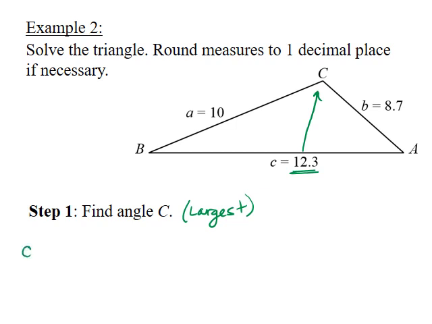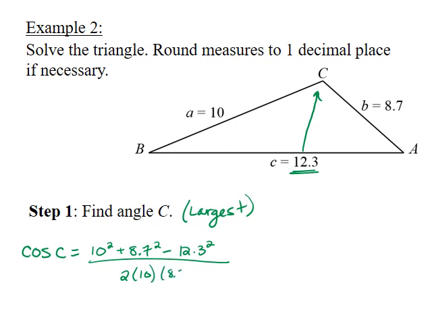So the form that I'm going to use is cosine of C is equal to 10 squared plus 8.7 squared minus 12.3 squared, all divided by 2 times 10 times 8.7.